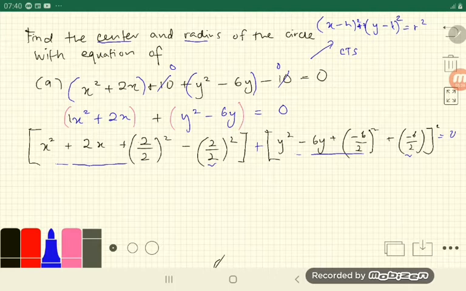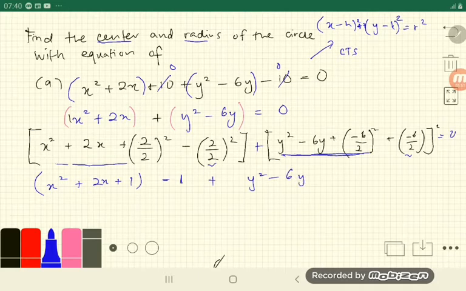So now let us look into this part. You get x squared plus 2x plus 1 to the power of 2, so this is the first three terms, then minus 1 to the power of 2, so minus 1. For the y terms, the first three give y squared minus 6y plus negative 6 divided by 2, which is negative 3, to the power of 2, a positive 9, and then another 9.